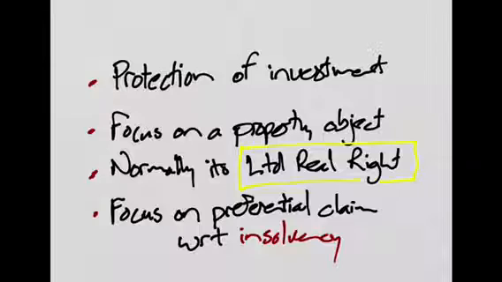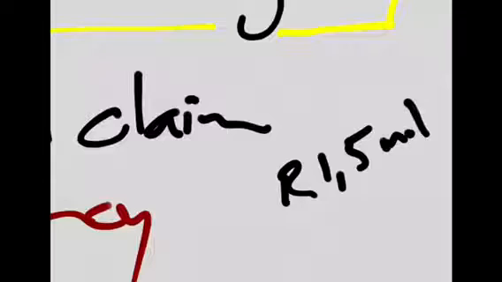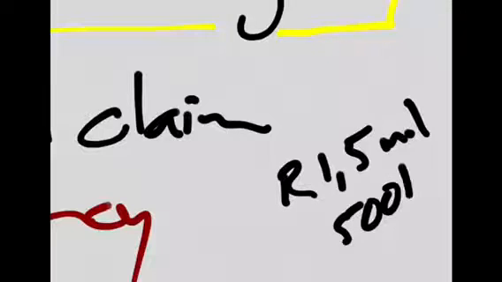Think about the following situation. If you owe money to a large number of people, let's say you owe the following: 1.5 million. Okay, but at any given stage, you only have cash on hand of 500,000.